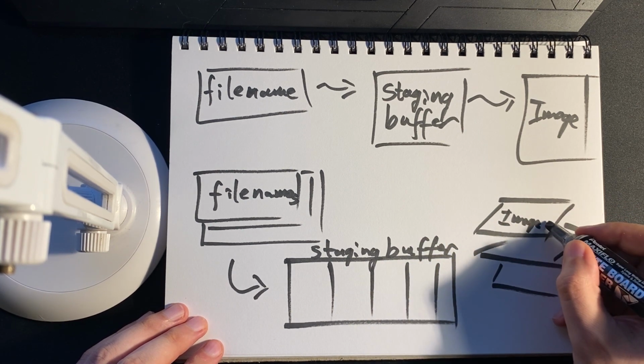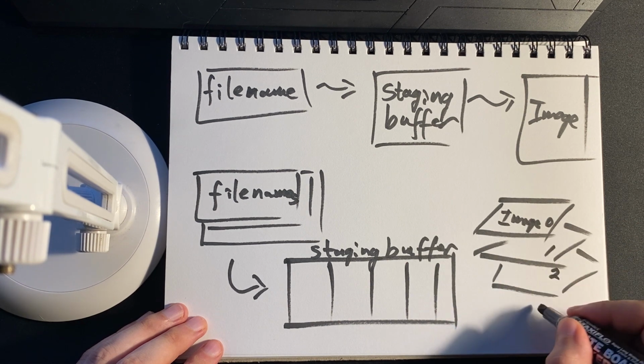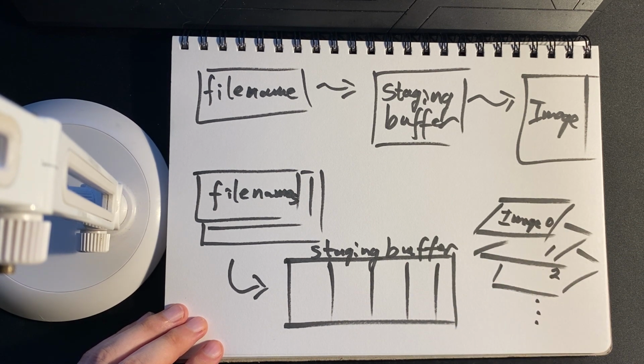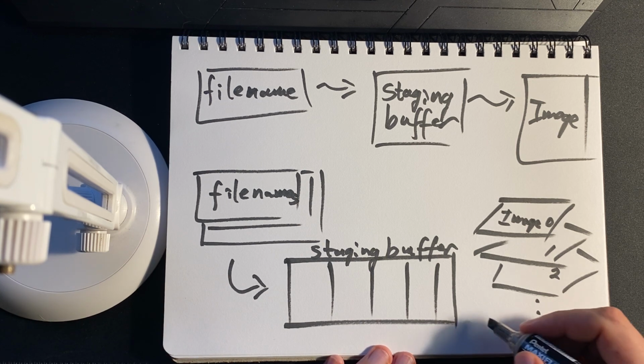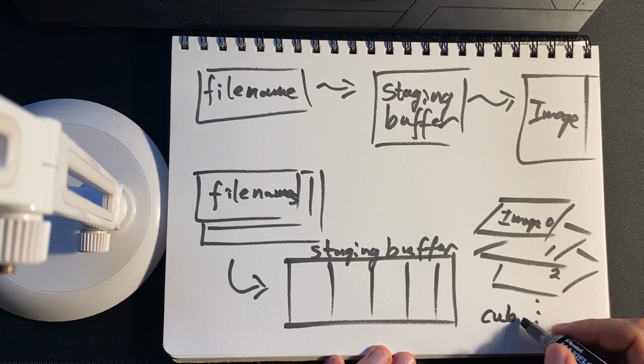So we have image layer 0, 1, 2, and so on. And this image is created with a special flag set. It's the cube compatible flag.